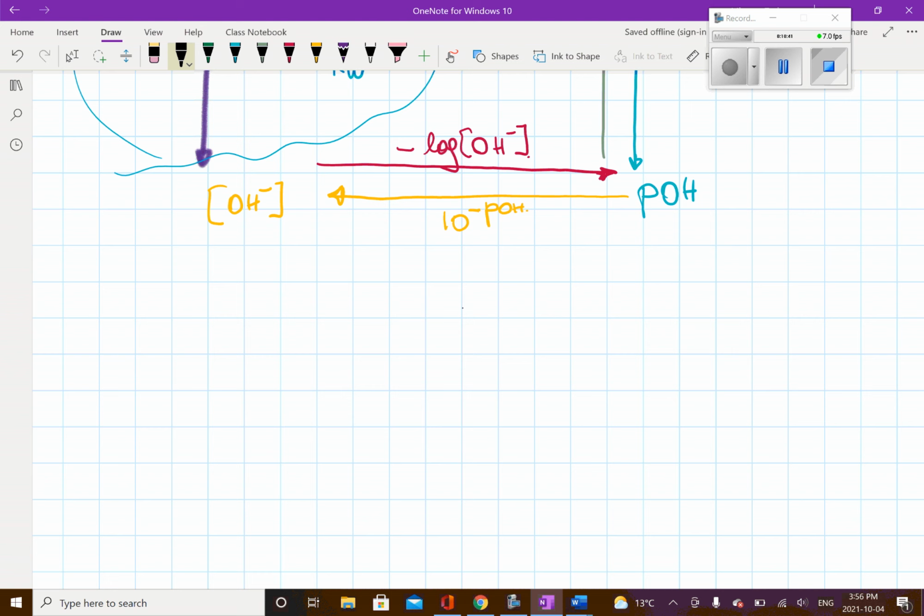Okay, so now water is a unique solvent. One of its special properties is its ability to act either as an acid or as a base. So water is an acid and it is a base.